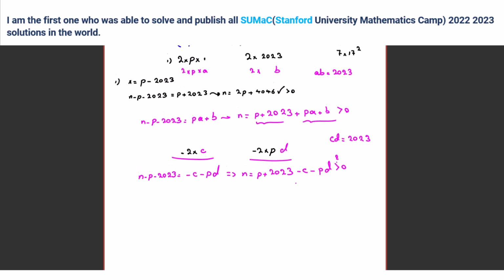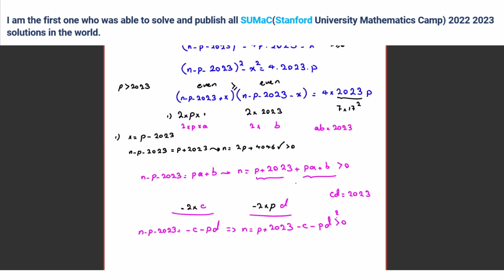Let me check. d is greater than 1, you said? Yeah, because it's minus d. Maybe d is exactly 1. Yeah, so I'm saying if d is exactly 1, and because c and d are positive integers and divisors of 2023, if d is 1 and c is 2023, then it's 0. Yeah, if d is 1, then c is 2023, then n is 0, contradiction. What else?